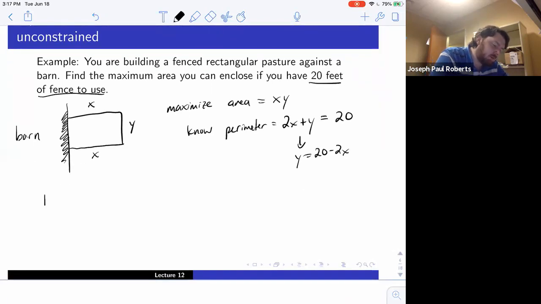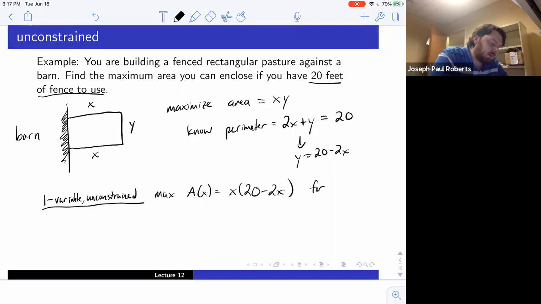And so the Calc 1 way is to solve this 1-variable unconstrained problem, which was maximize A of x, which is x times 20 minus 2x, for, I guess the domain for this would be x between 0 and 10, right?